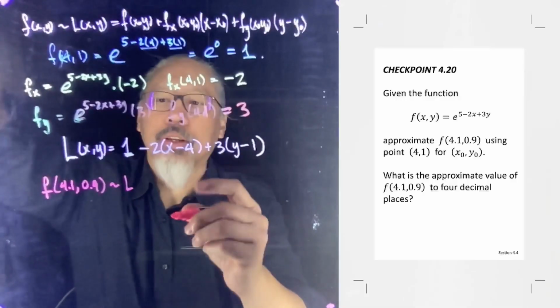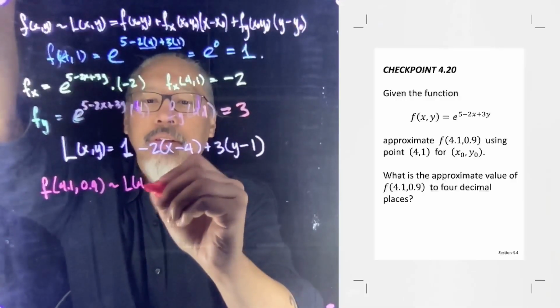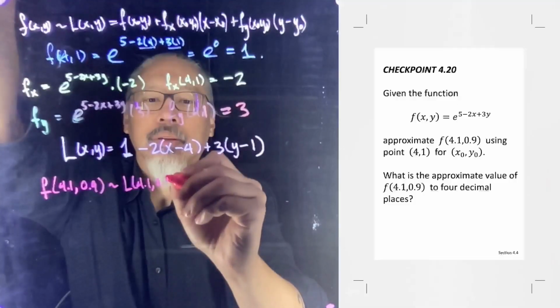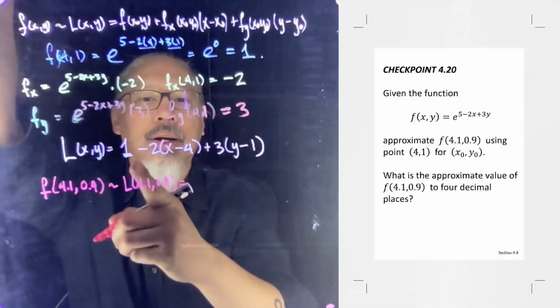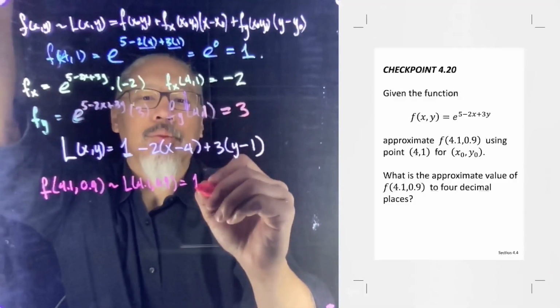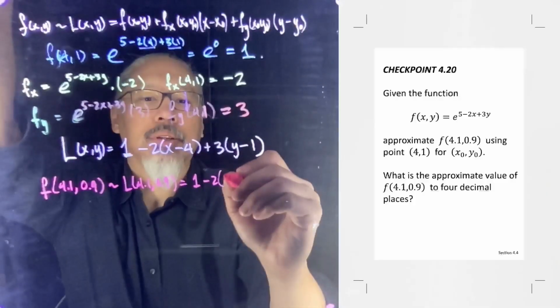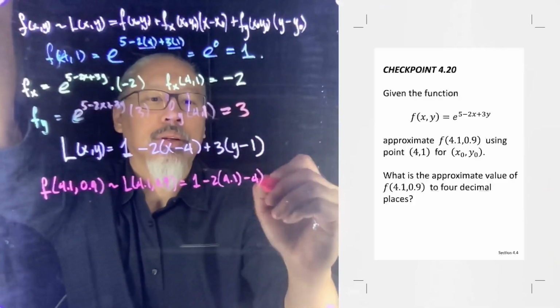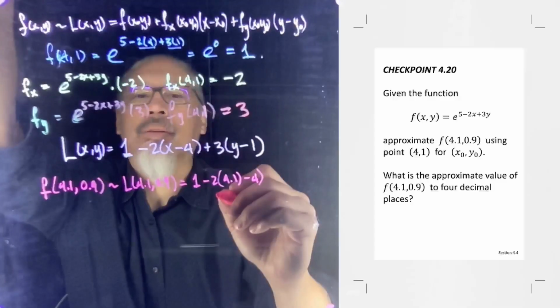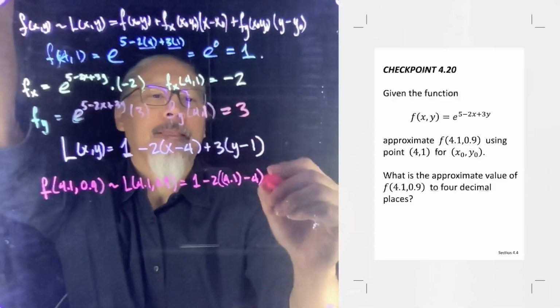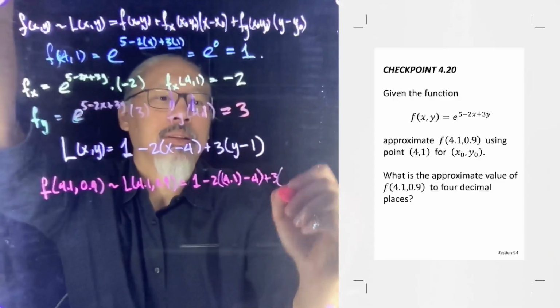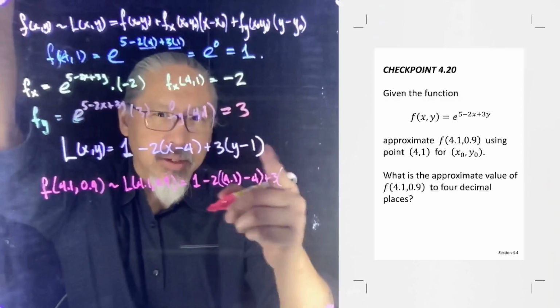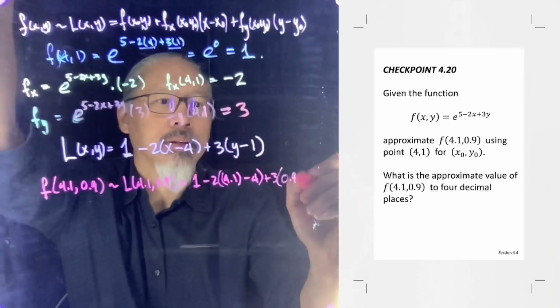And we're essentially going to put those values in for x and y. So we're going to have 1 minus 2 times 4.1 minus 4 plus 3 times 0.9 minus 1.